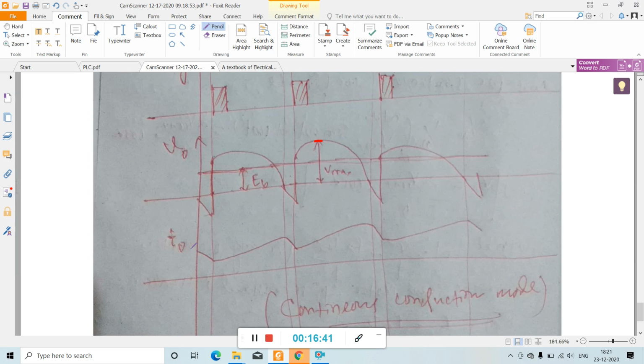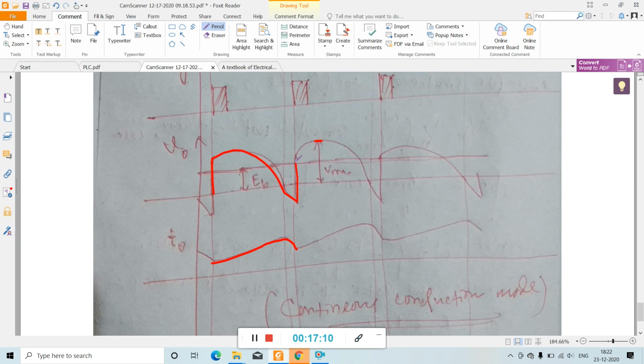That's why the current is like this. Due to the presence of inductance in the load, which is our DC shunt motor with field inductance and armature inductance, the current waveform is like this, and this is our voltage.